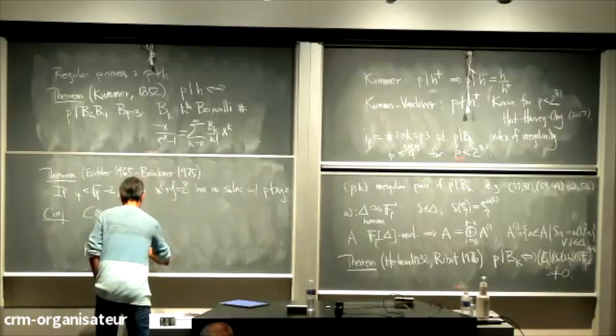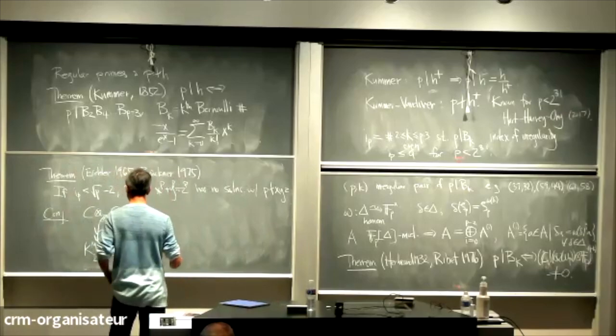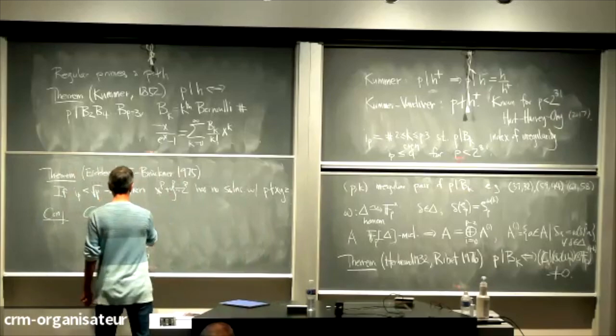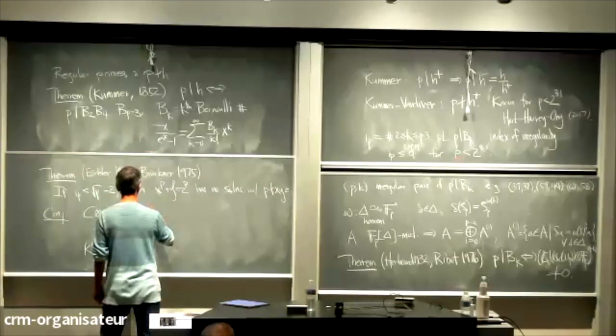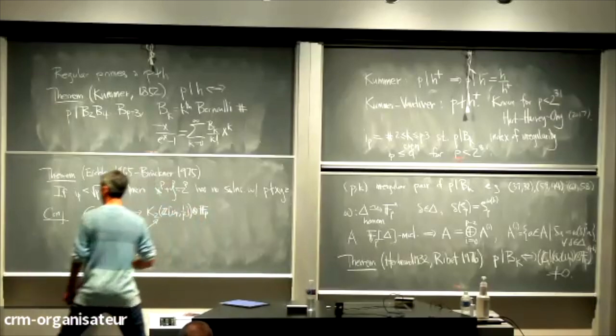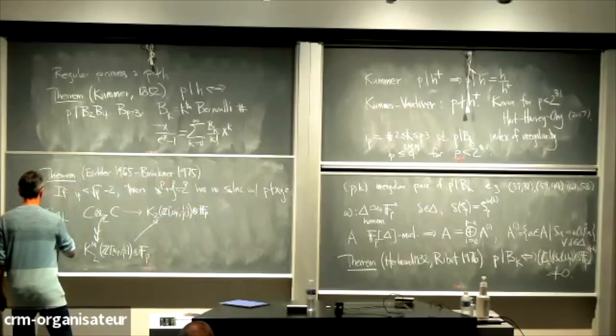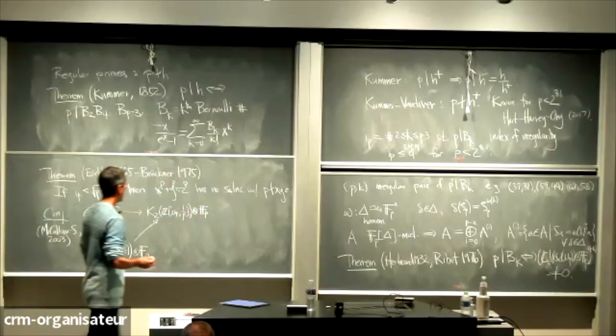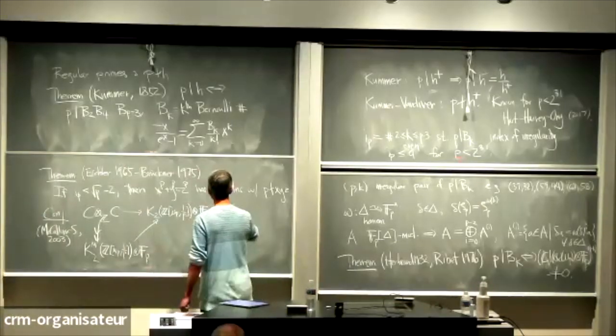Yeah, let's do mod p. And so it will map to K2 of the actual, oh, I should say, of who? McCallum and myself, 2003. And remember that this was the same as the class group.